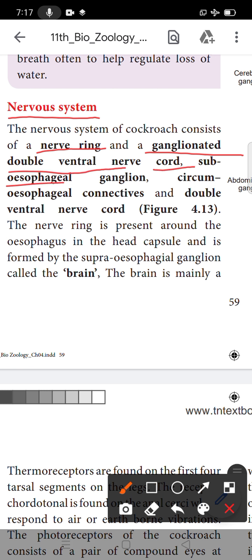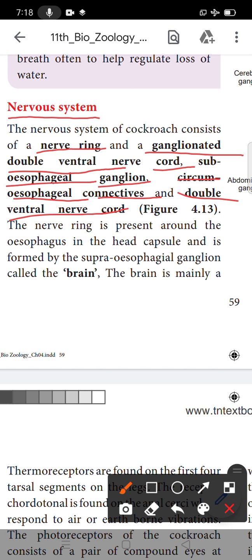The subesophageal ganglion and circumesophageal connectives and the double ventral nerve cord are also present.